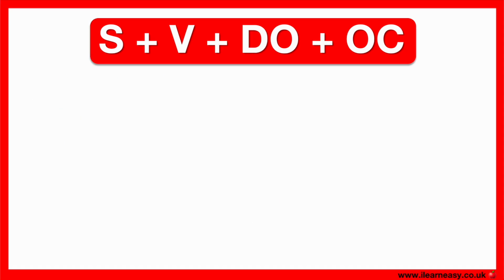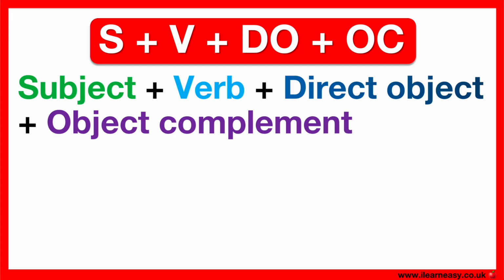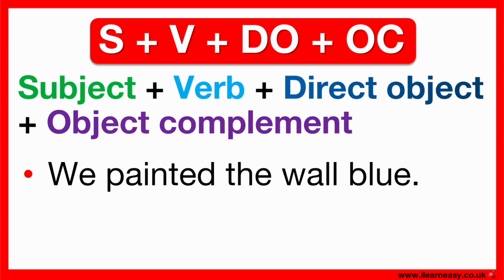Subject, verb, direct object, object complement. The object complement in this sentence pattern gives more information about the direct object. For example, we painted the wall blue.